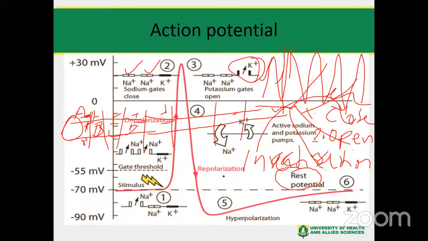So for the action potential to progress to the brain, the number of sodium ions that entered the cell should be able to drive the membrane potential to minus 55 millivolts. Then it will result in an action potential. If it doesn't get to minus 55 millivolts, then it will result in what we call a local response or graded response. That means it has not reached the threshold.